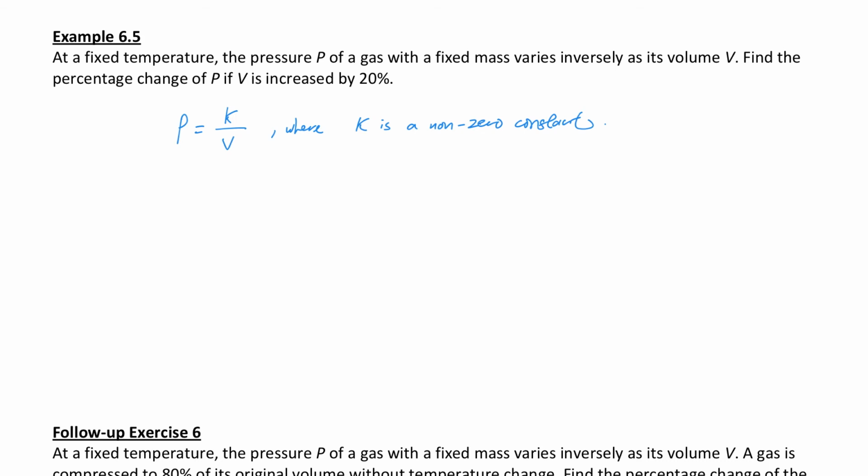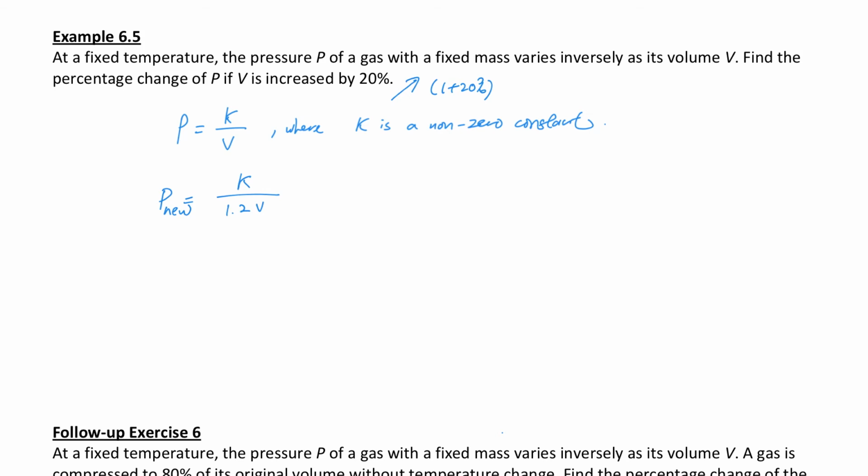I want to find the percentage change of P if we increase V by 12%. So P is equal to k over, remember, increase 12%, the factor is 1 plus 12%. So 1 plus 12% means 1.12 V. This is P new.